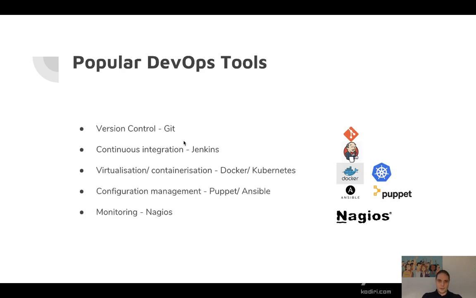And here are the popular DevOps tools that we were talking about: version control, Git, which really keeps track of changes. Also, it allows to have previous versions and to roll back to the previous version if there's an issue.